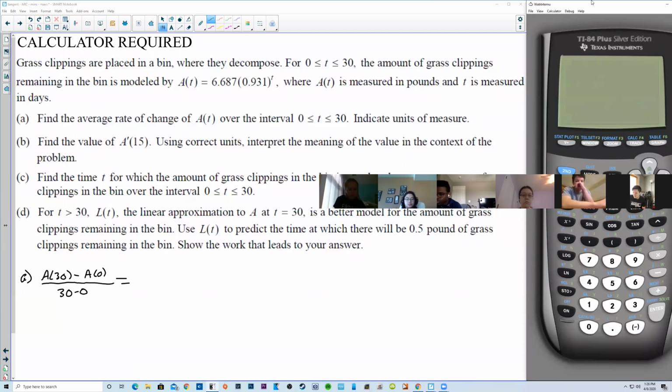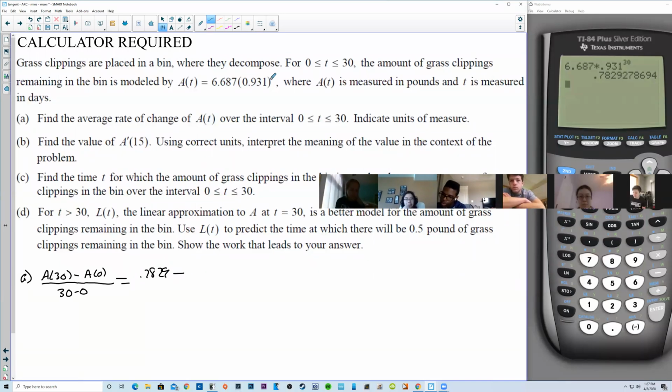So A of 30. So 6.687 times 0.931 raised to the 30th power. So 0.7829, keep on going, minus A of 0, well, that'll be 1.